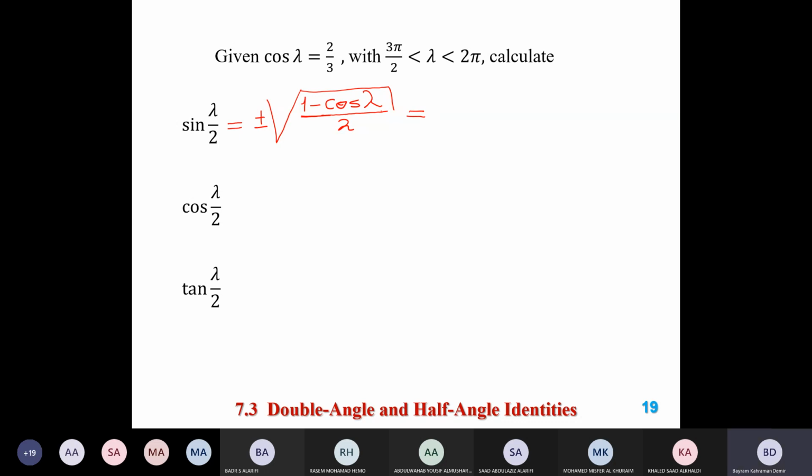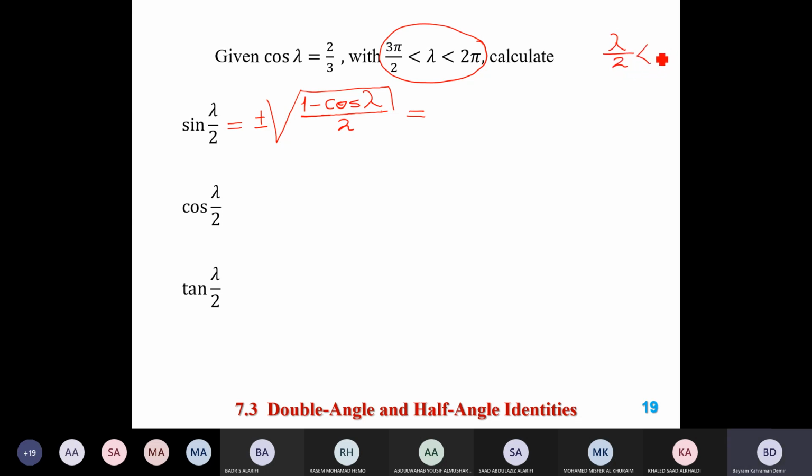Now I have to find out where lambda over 2 is, not lambda, because this is not sine lambda. This is sine of lambda over 2. I have lambda already here, so I just need to divide by 2, right, Shabab? So where is the lambda over 2?